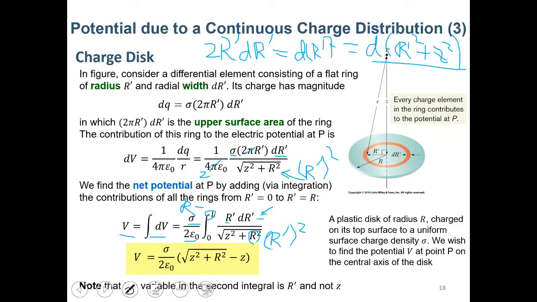This is like this because z is a constant for the integration. So you have this one, and this one is something like this to the minus 1/2 power. So the integration is simple, and you can get the final answer easily.